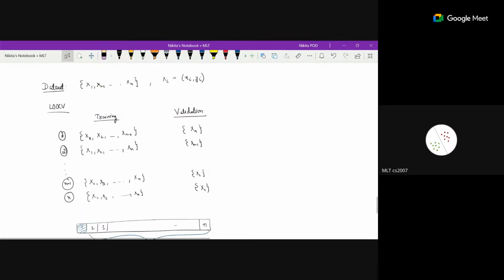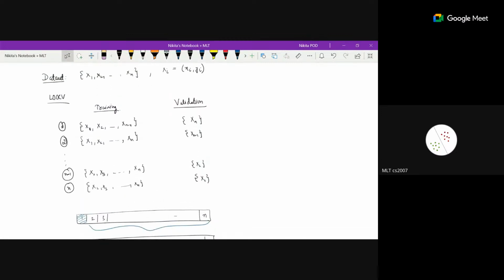Now once you fit your model on the n minus 1 observations and validate on the nth observation, just one observation, what you do is you find the error for each of these. You need to find the mean square error, the MSE, for each of these.